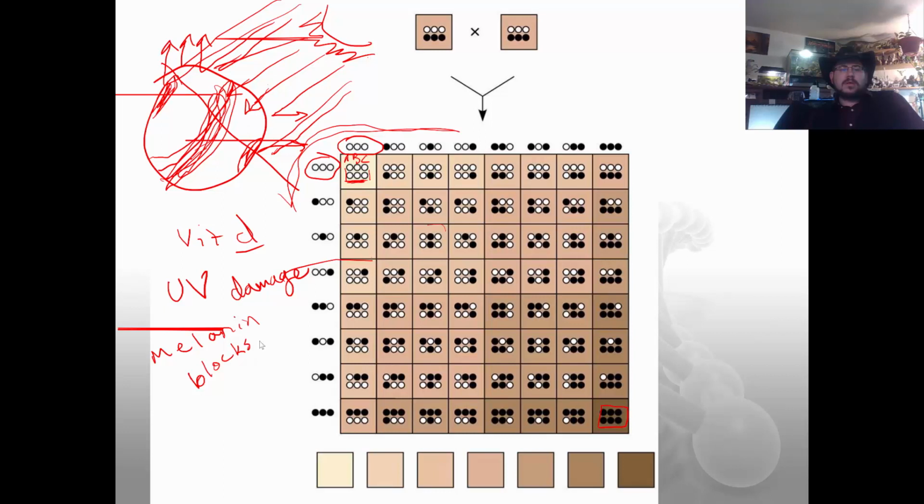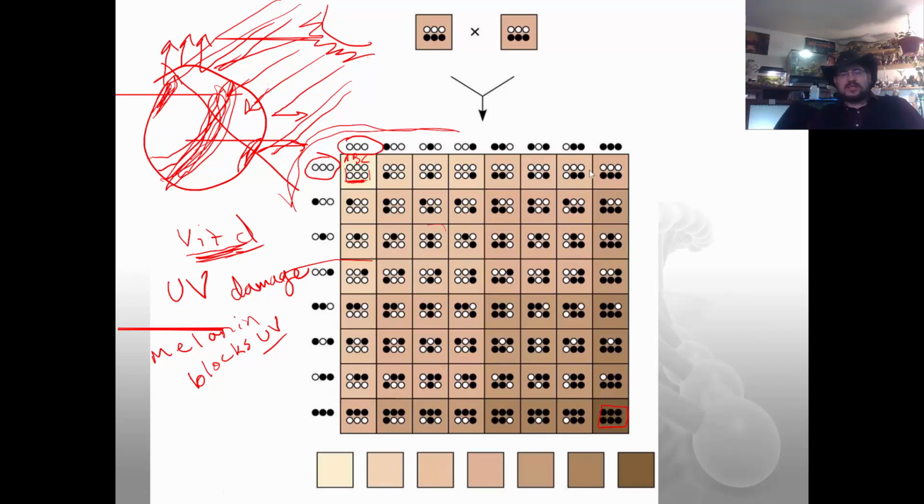So, the more melanin you have, the more you block the harmful effects of ultraviolet radiation. However, the more melanin you have, the less vitamin D production you get going, because you need sunlight to penetrate into the cell to get that vitamin D production.